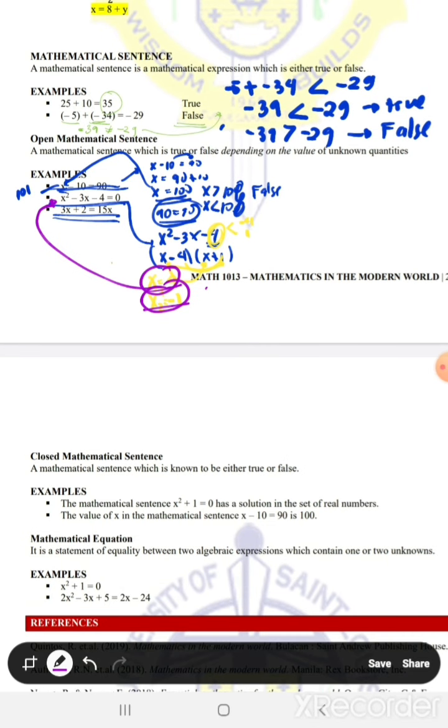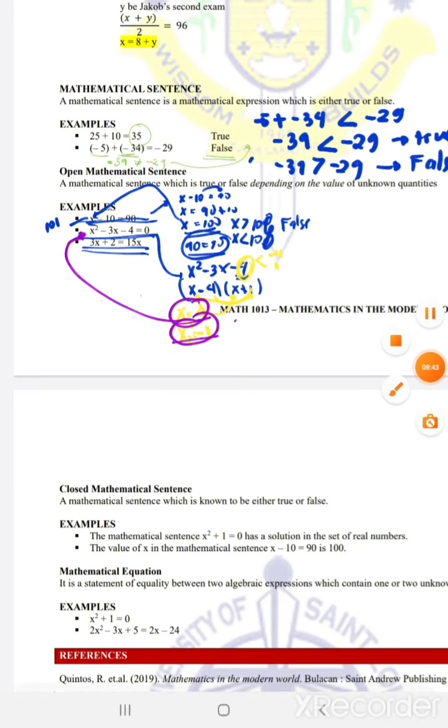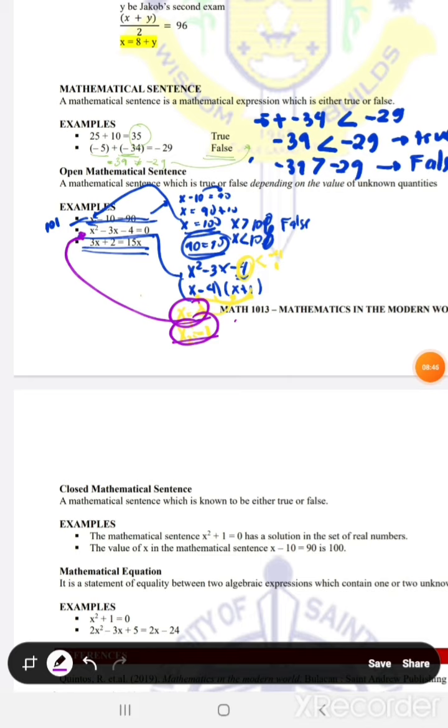Next, a closed mathematical sentence is known to be either true or false. Example 1: the mathematical sentence x squared plus 1 equals 0 has a solution in the set of real numbers.